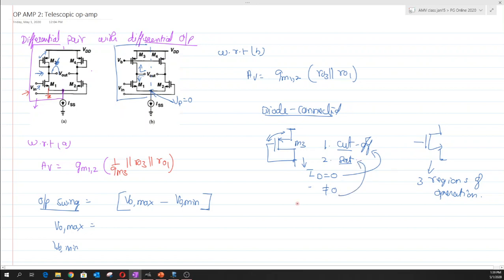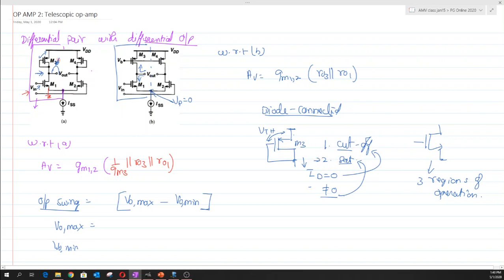So to have this non-zero current, the minimum value we can have across this VGS turns out to be VTH. That is the minimum voltage we need to apply across the gate and source of M3 such that there still exists a finite amount of current, not exactly 0, and the transistor operates in the saturation regime.